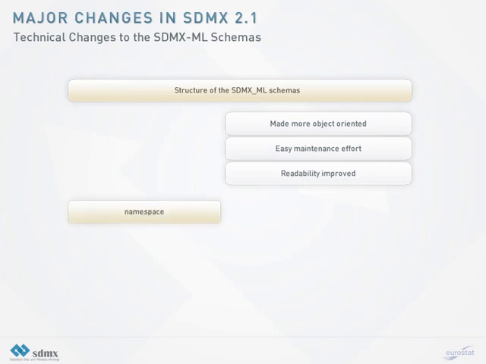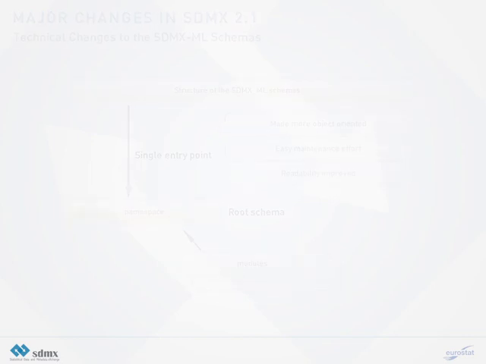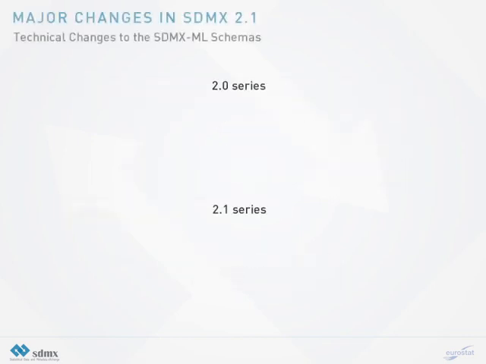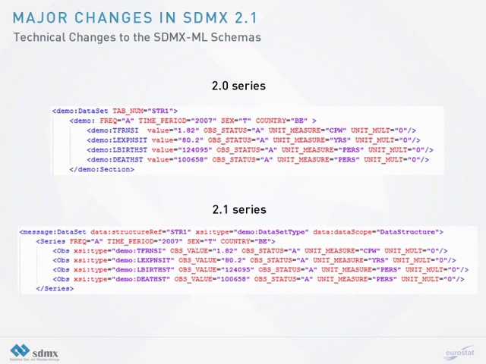Each namespace contains a root schema, which includes the necessary modules, so that there is still a single point of entry for any given namespace. Note that the new structure of the schemas do not have a major impact on the structure of the respective XML messages.